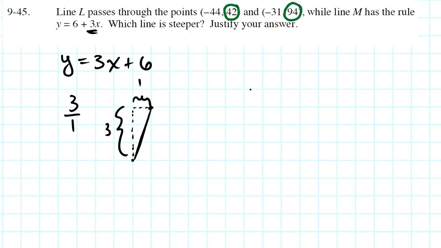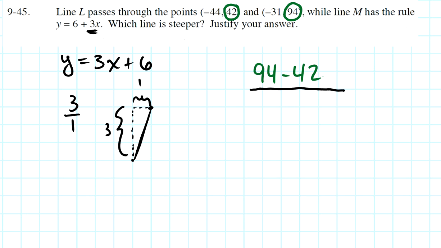I know that my y values start at positive 42 and go all the way up to 94. So the change in y is equivalent to 94 minus 42.